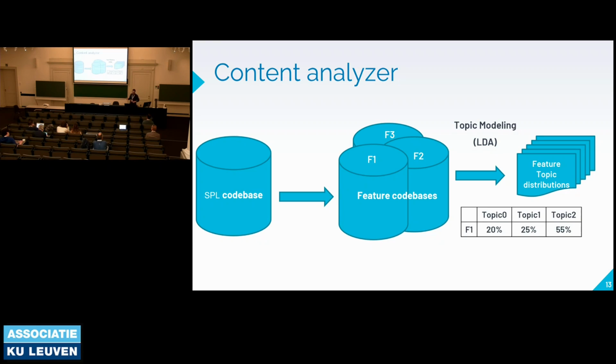And what we obtain at the end of this process is a list of feature topic probability distributions, in which each of the items in the distribution describes the probability of one feature to belong to a particular topic. For example, in the slide, we can see that feature F1 has a 20% probability to belong to topic 0.